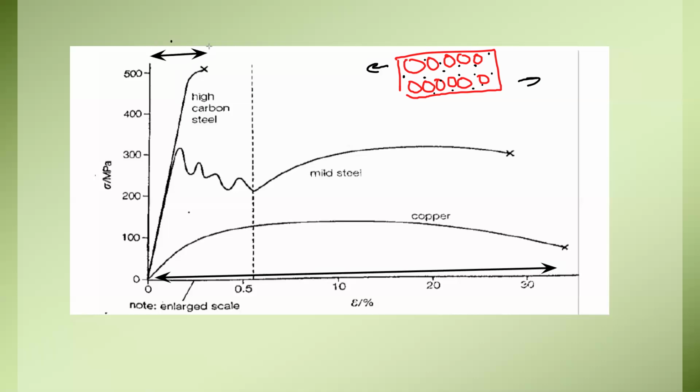Why? Because copper is a pure metal with no impurities, so layers can slide past each other or slip over each other easily as compared to a high carbon steel. So high carbon steel is rigid, whereas copper is malleable or ductile because its layers can slide or slip over each other.